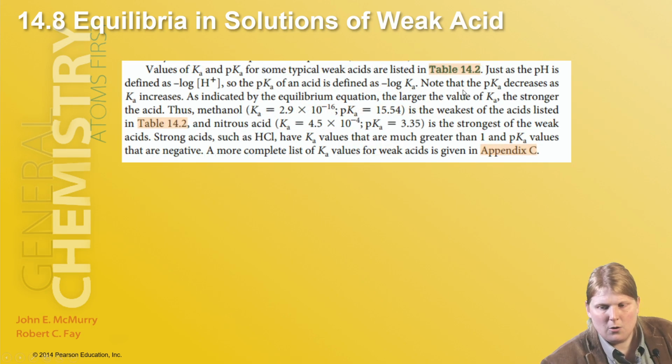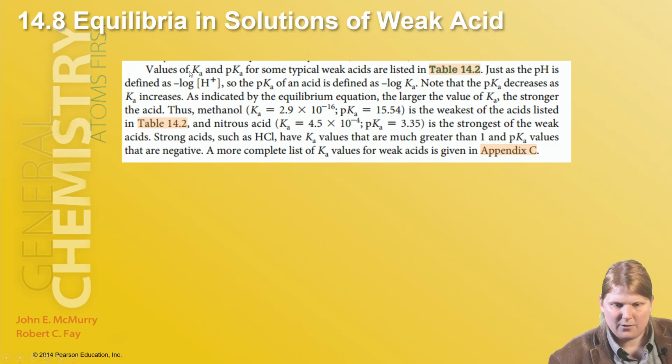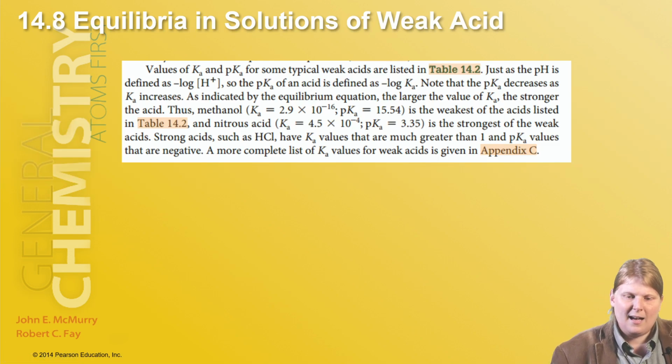Okay, so a large value for Ka indicates a stronger acid than one with a lower value. Keep in mind that acids are often ranked by what they call their pKa. So that's the negative log of the Ka value. So if that's the case, then a really big number would have a really small value for the pKa.